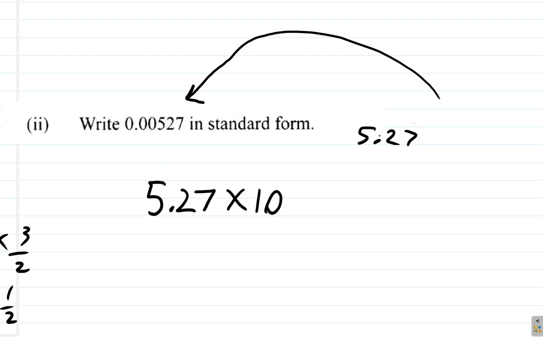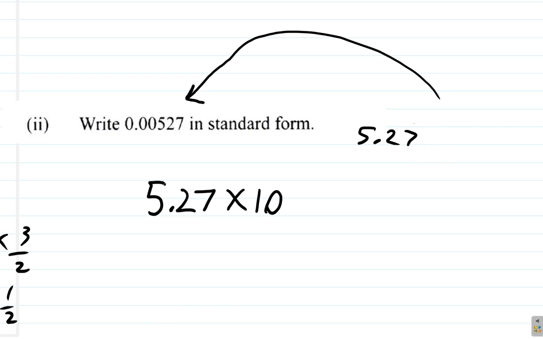Alright? You must move it 1, 2, 3 places. So you have 2 zeros before the 5. So the point was here, you move it 1, 2, 3 places. So moving 3 places back is like dividing by 1,000.